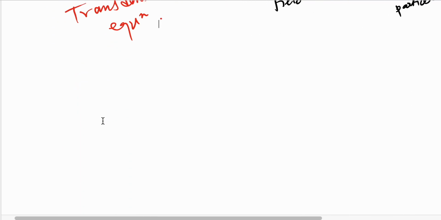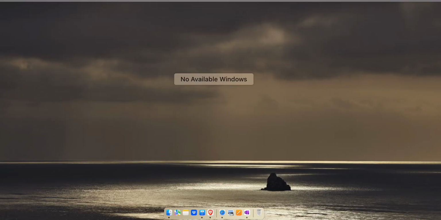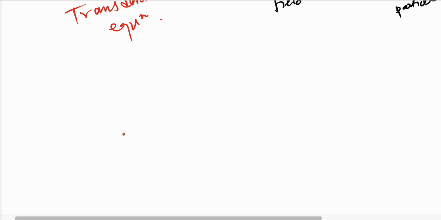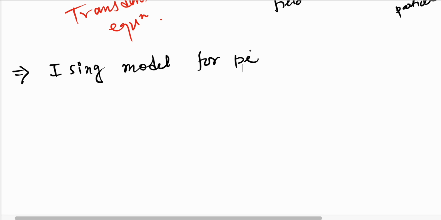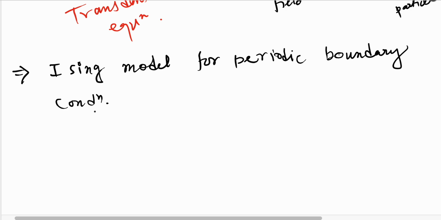Now let's do another thing in today's class. We did only the Ising model for periodic boundary condition.